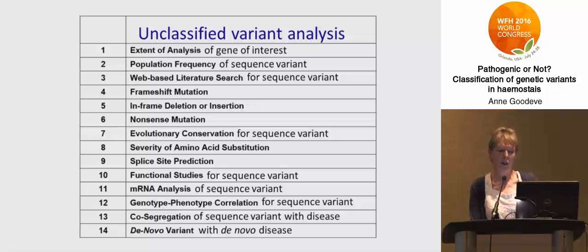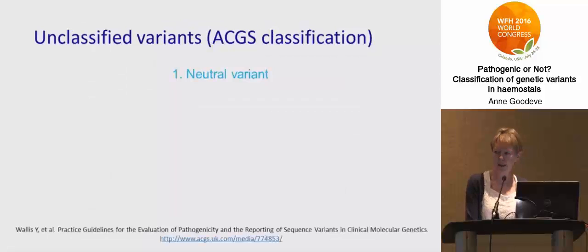If we've got a variant that looks like it might affect the messenger RNA, we can choose to investigate the messenger RNA to see whether it does have that impact. We can look at genotype-phenotype correlation and co-segregation within the families. And occasionally we have de novo variants with de novo disease in a family. So there are a number of different lines of evidence that can help to tell us whether the variant's likely pathogenic.